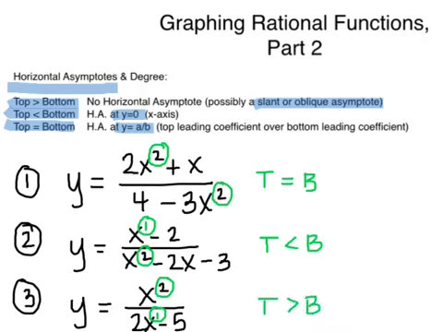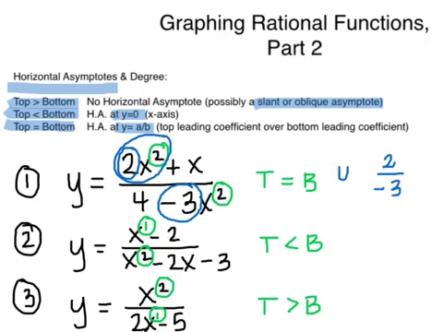Now let's find out what the asymptotes are. In example 1, the leading coefficient of the leading term is a 2, and that would be our a. Our b would be the leading coefficient of our leading term on the bottom, which, if we put it in standard form, is the negative 3x squared, and you put that coefficient on the bottom.